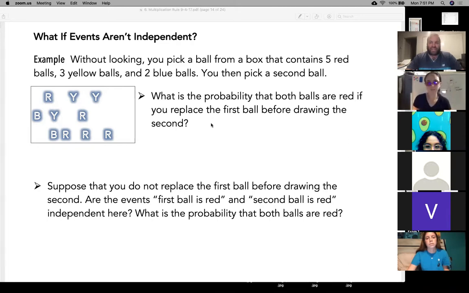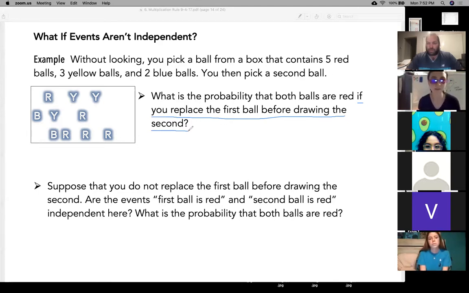You then pick a second ball. What is the probability that both balls are red if you replace the first ball before drawing the second? Now, this is key. Tell me in words what this is telling you about this problem. So, Lair?